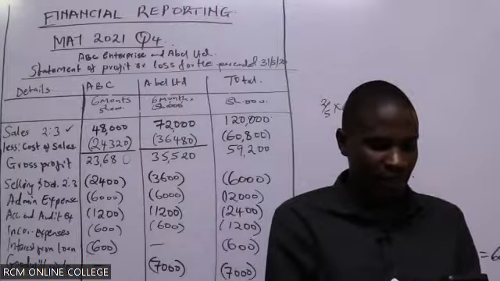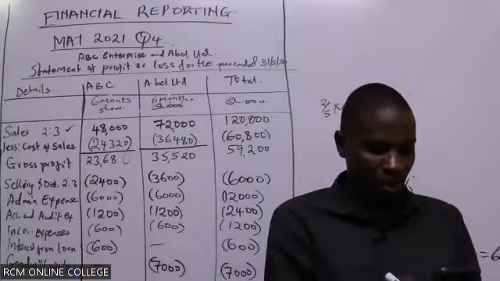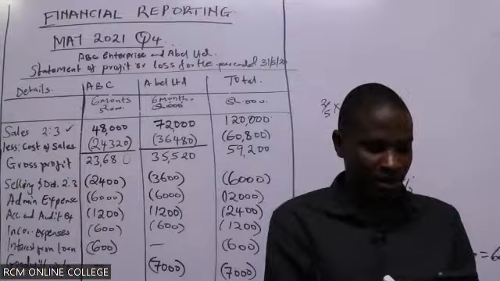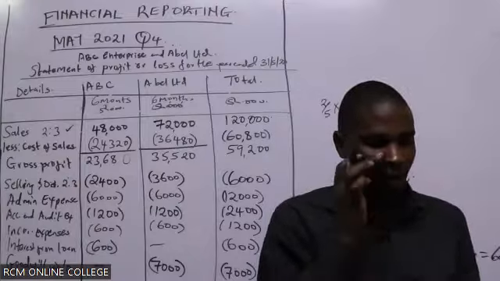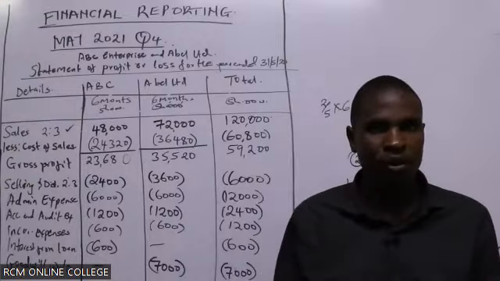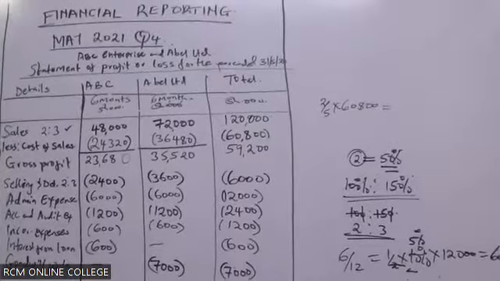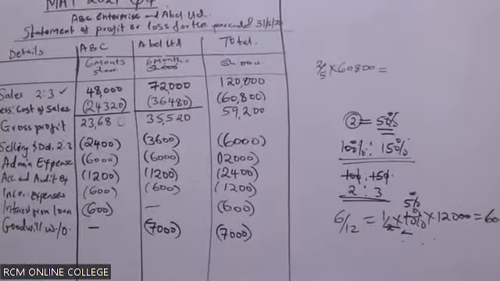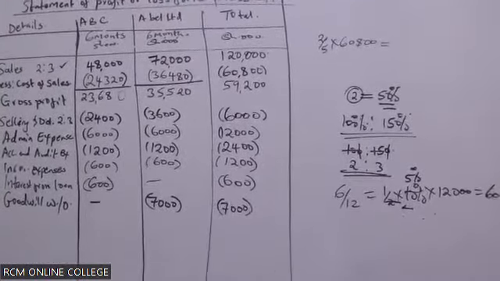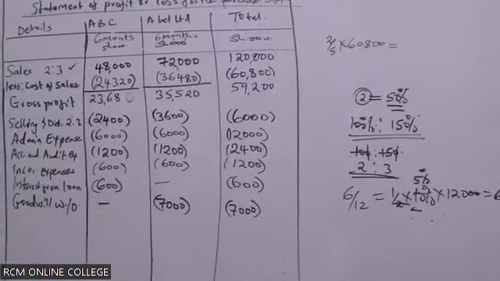The total director salary. What we are talking about is the director salary first. First I want us to get the director salary. How do we get that? Let me adjust a little here. Director salary. All right, better.